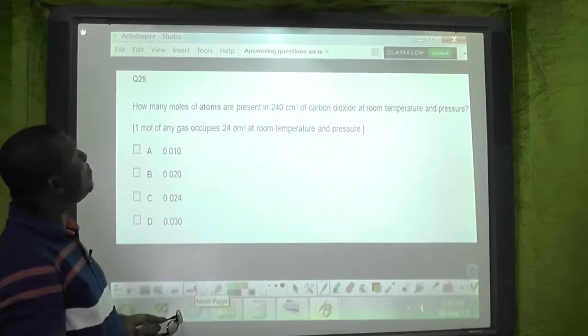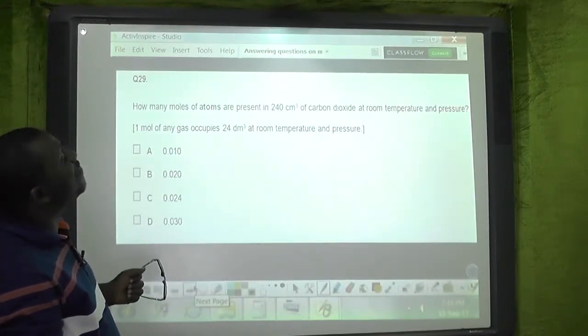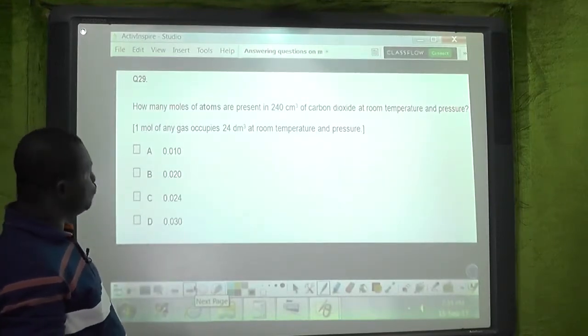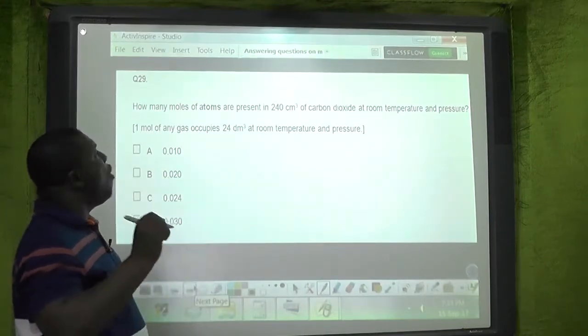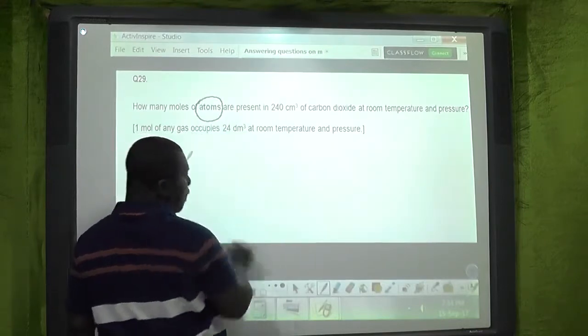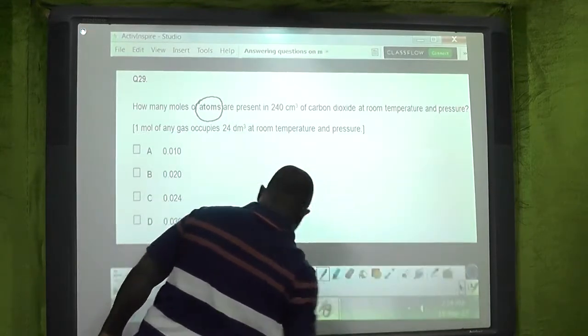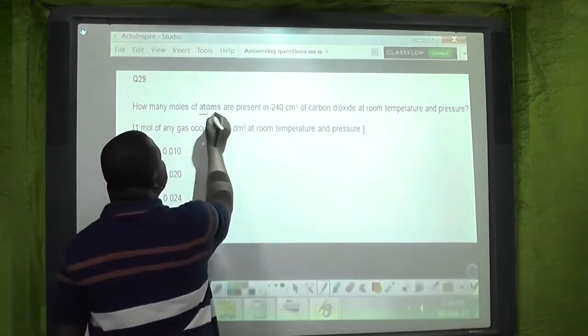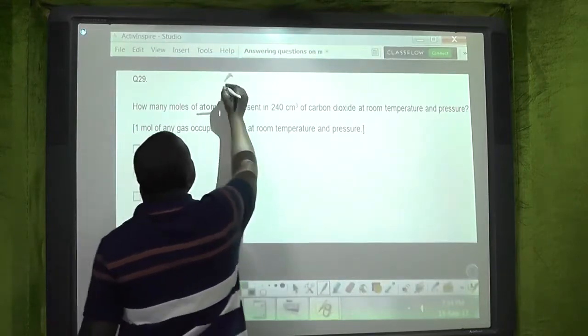How many moles of atoms are present in 240 cm³ of carbon dioxide at room temperature and pressure? How many moles of atoms, please? Again, keyword. The keyword there is atom. Please don't forget atom.